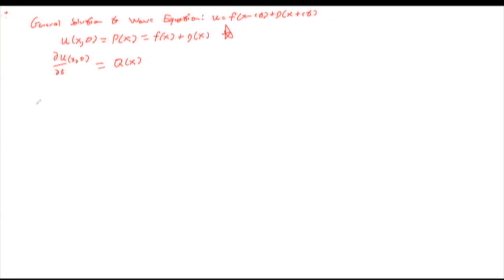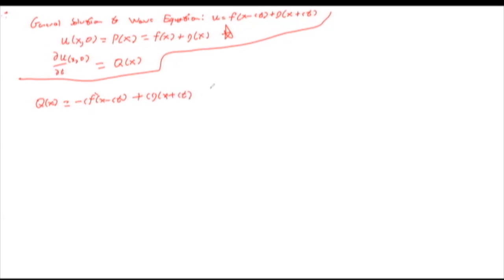So let's do it. We see that q of x is equal to, taking the derivative of our general solution, let me box this in so I don't erase it later, negative c times f prime of x minus ct, where the prime denotes a derivative with respect to the argument, plus c times g prime of x plus ct.